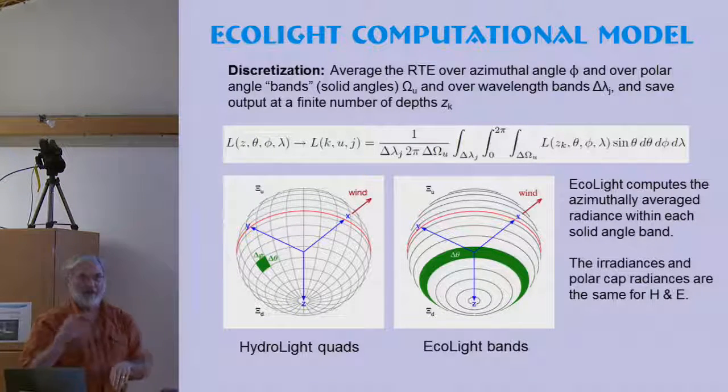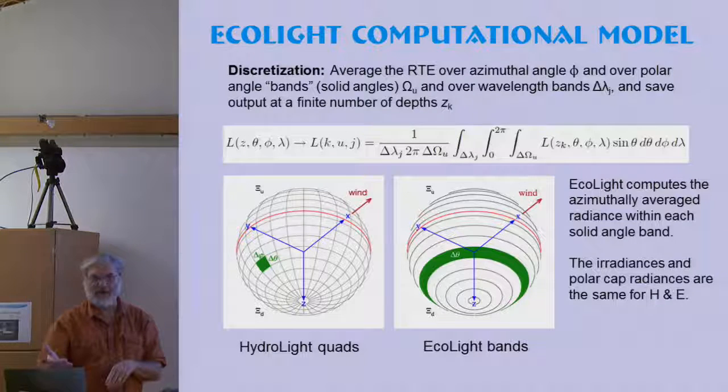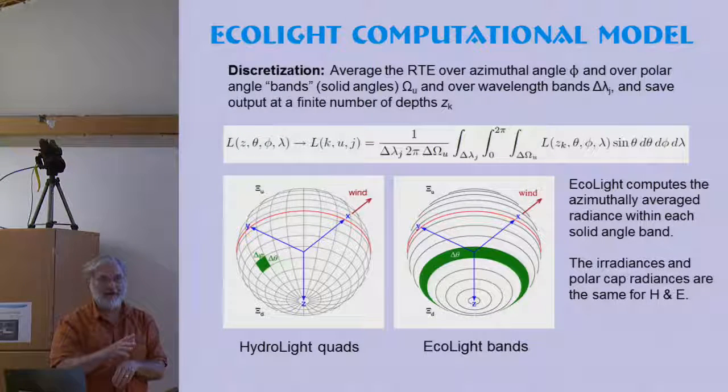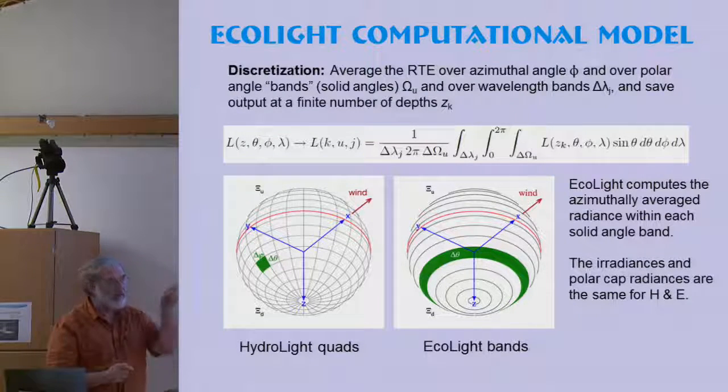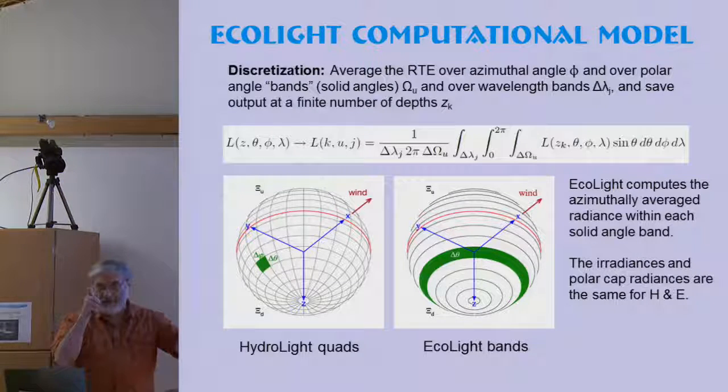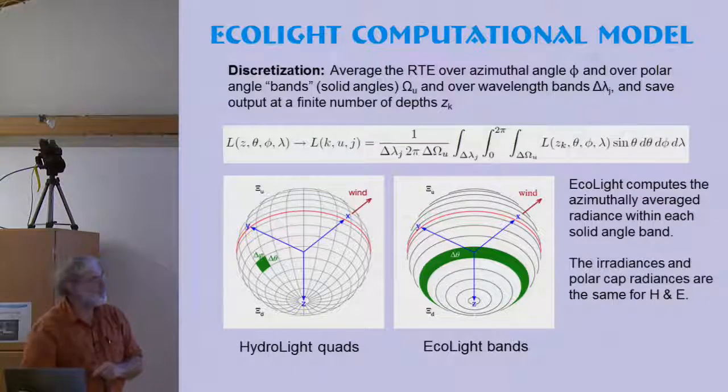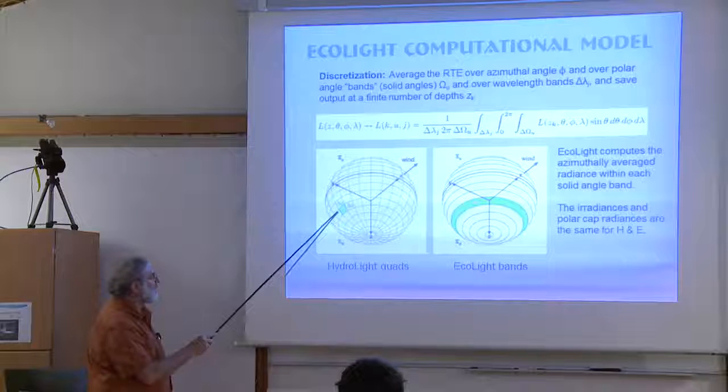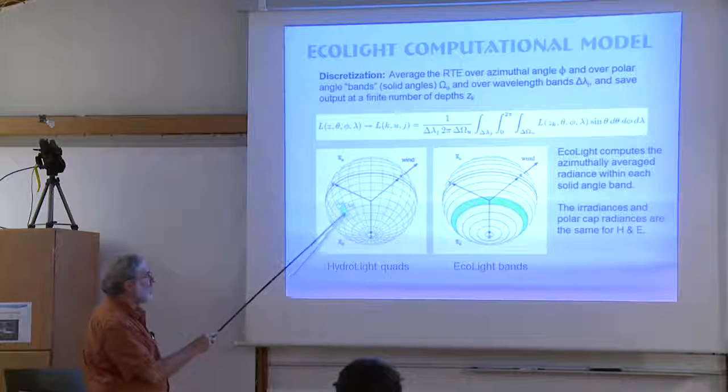So if all you're interested in is an irradiance like Ed, or you want the nadir viewing remote sensing reflectance or something like that, you can run Ecolight. If you really do need to know the radiance in this direction versus that direction, then you have to run Hydrolight, and it takes longer to run, but the answer is basically the same. So Hydrolight's going to solve for the radiance here.